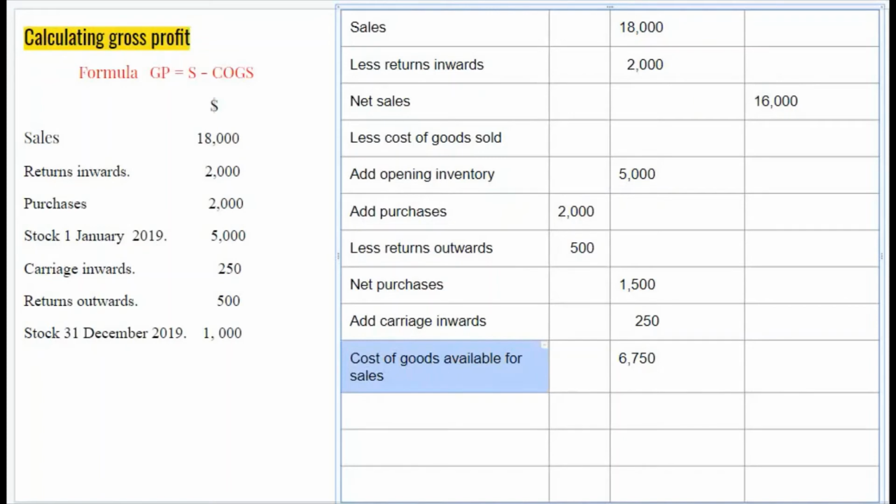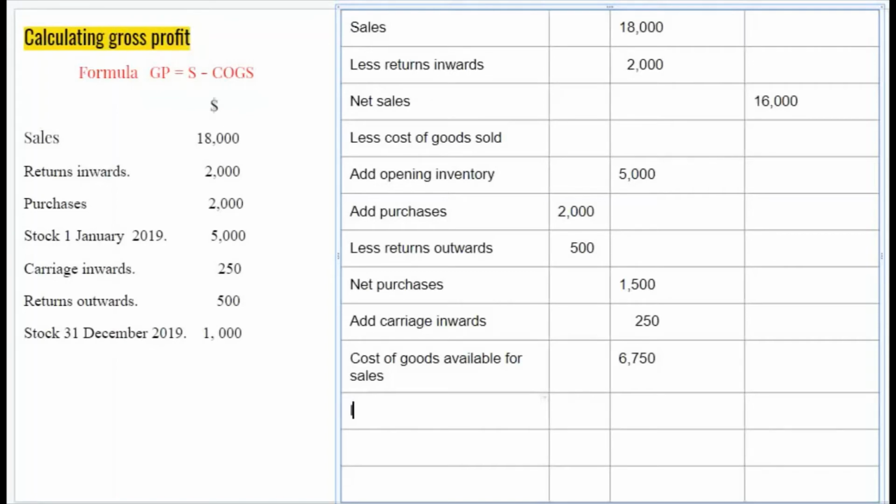So now we are down to our final question, and that question is, do you have any stock or inventory? If you realize I'm using both terms, do you have any stock or inventory left in the business? Once you have stock at the end of the period, you subtract that stock, which is known as the closing stock.